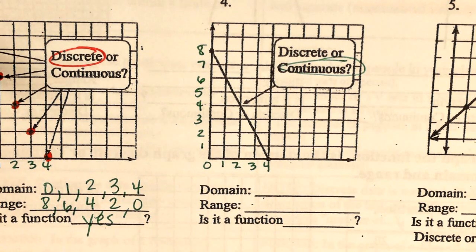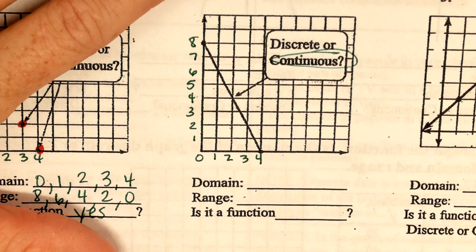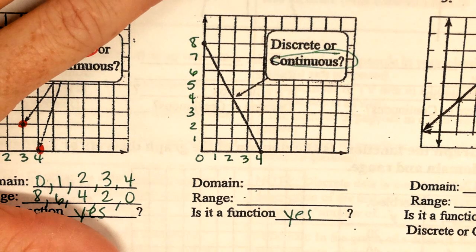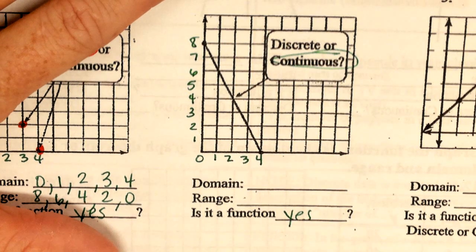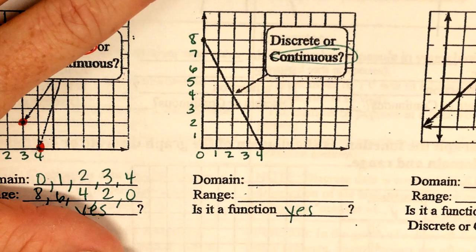Now, the first thing I'm going to ask is it a function? Yes or no? Why? If I did a vertical line test, it would only touch one time. Okay. Now we're going to identify the domain.